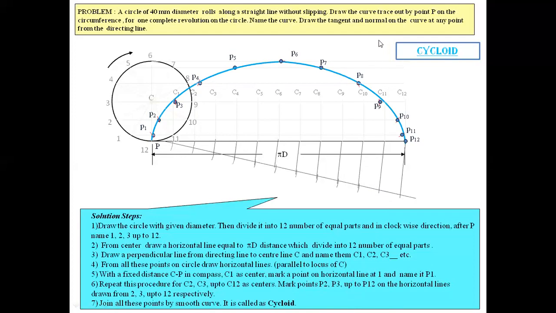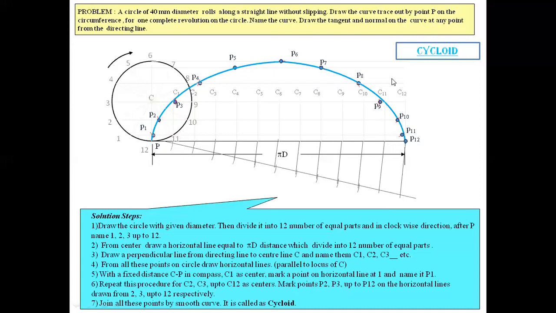Second one is to draw a normal and tangent at any point from the directing line. Here in the statement they give any point from the directing line, meaning you can take any point on this cycloid curve.